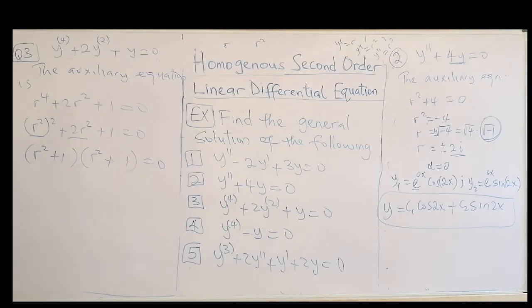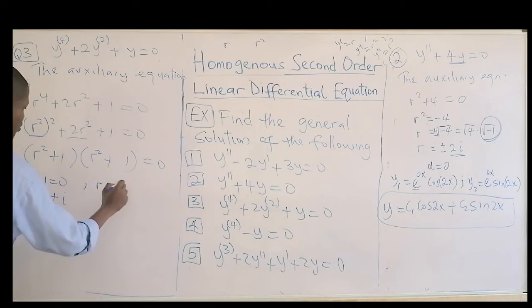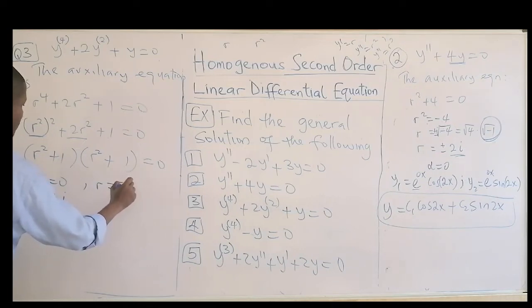Then r squared plus 1 is equal to 0. If you solve this, r equals plus or minus i, because plus 1 goes to the other side as minus 1 and you take the square root of minus 1. The other factor gives the same thing, plus or minus i.